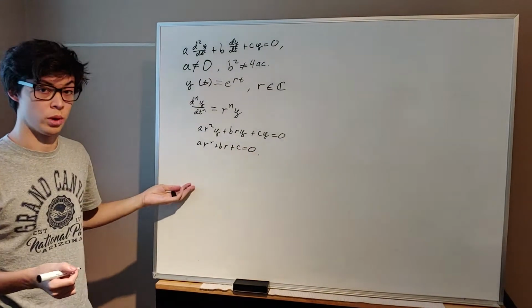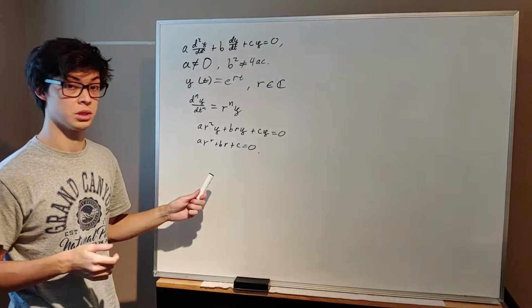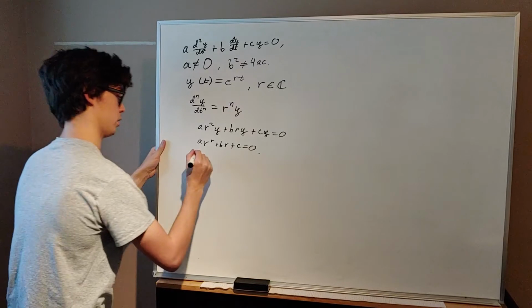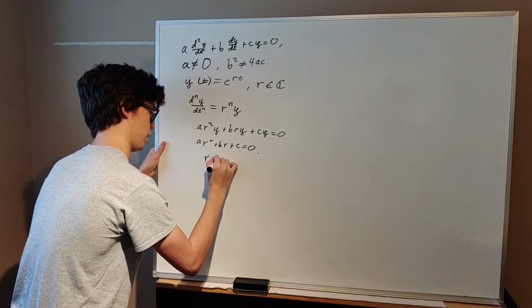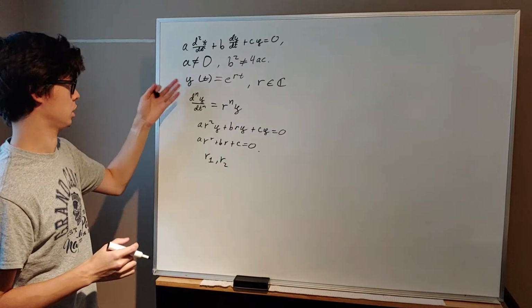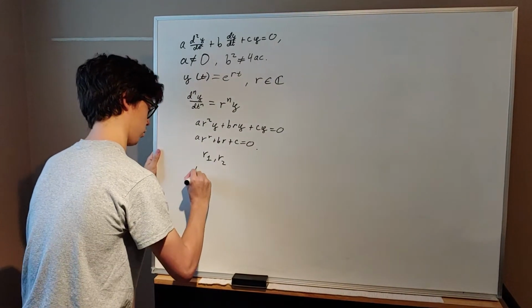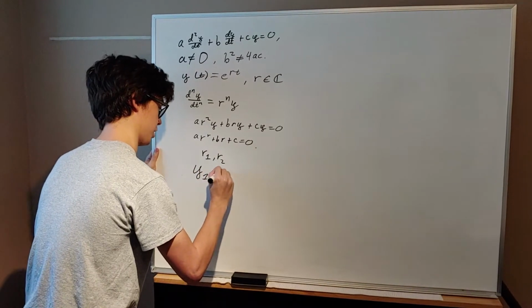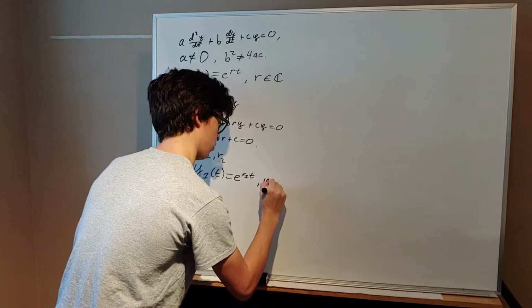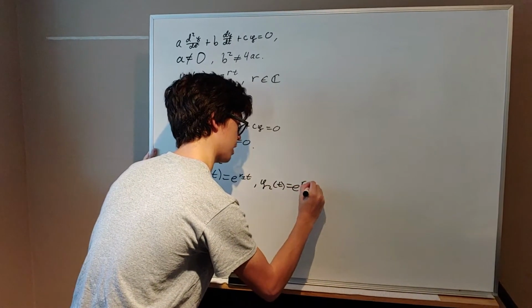If we solve this equation using the quadratic formula, we get two unique solutions since the discriminant is non-zero, and we will write those as r1 and r2. So we've found two solutions that work: y1 of t is equal to e to the r1t, and y2 of t is equal to e to the r2t.